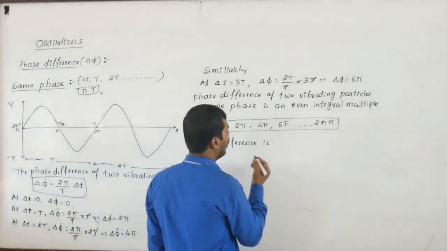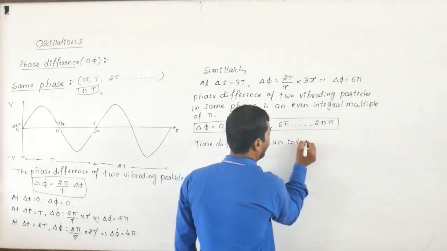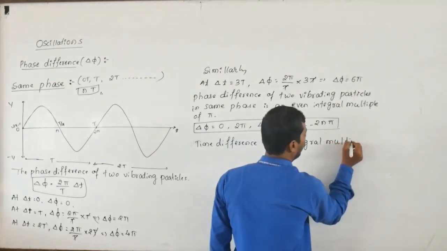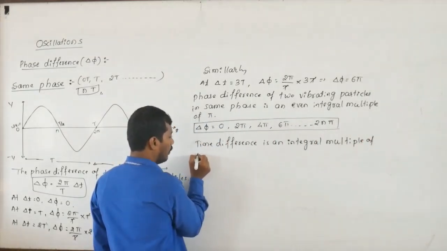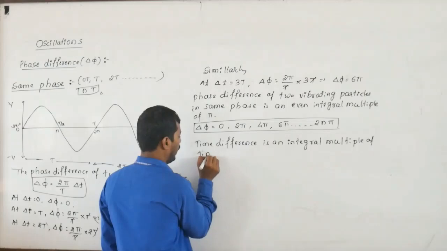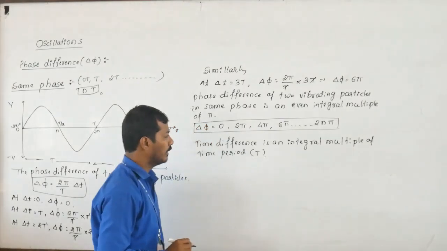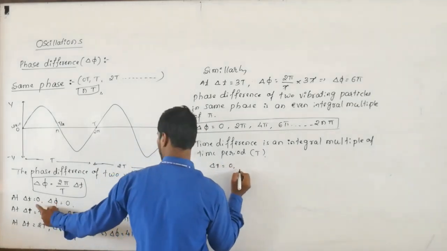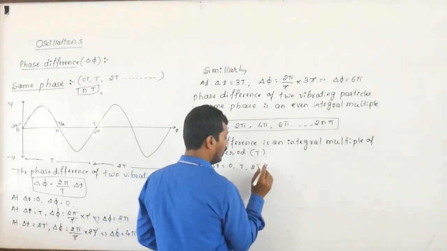The time difference is an integral multiple of the time period T. It means the time difference delta t is equal to 0, T, 2T, and so on, when in same phase.